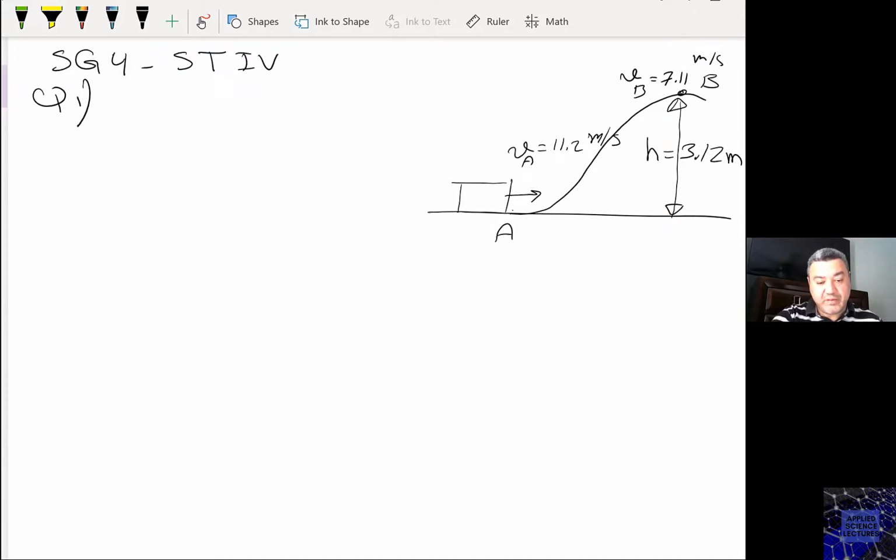Okay. So here we have the mass as 12.5 kilograms.